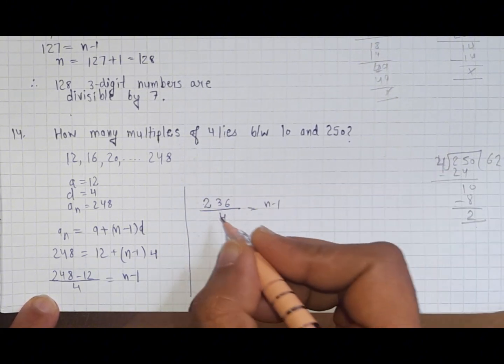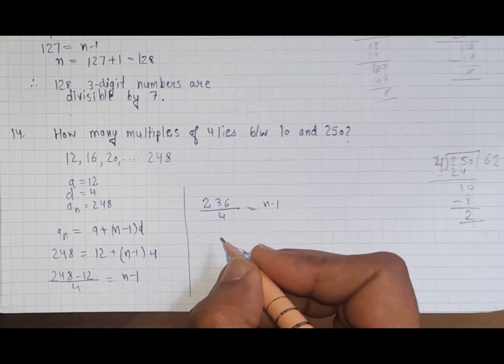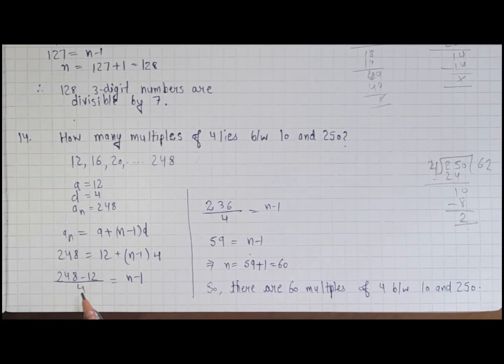When divided by 4, we have 59, so n minus 1 equals 59. Now n equals 59 plus 1, that is 60. So there are 60 multiples of 4 that lie between 10 and 250.